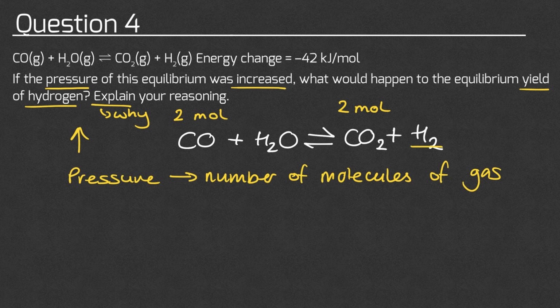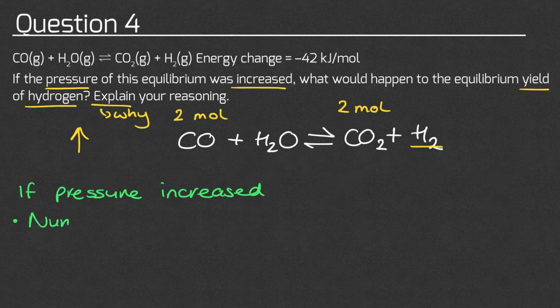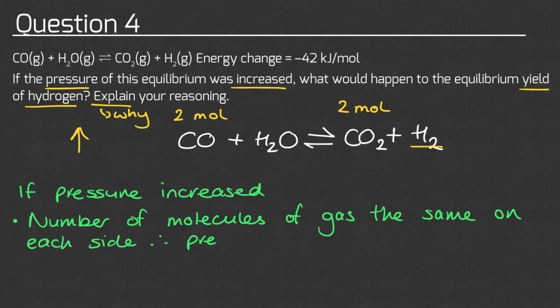Now remember, since the pressure is determined by the number of molecules of gas on each side, and we have the same number of molecules of gas on each side, this means the pressures can be the same on each side. So we'll see how we can include this in our final answer. So we'll start off by saying just that.